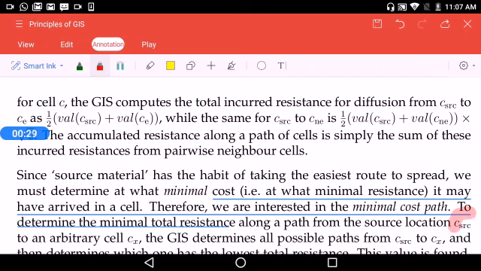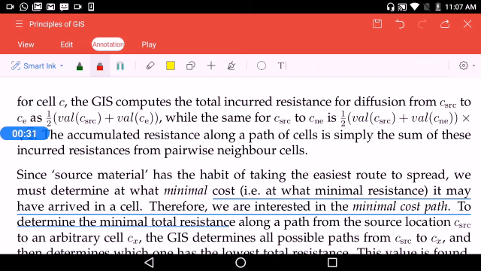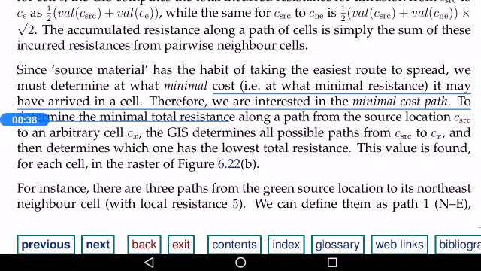So we go from CSRC and try to reach CX. We try to find all the possible paths from CSRC to CX and then determine which path has the lowest total resistance.